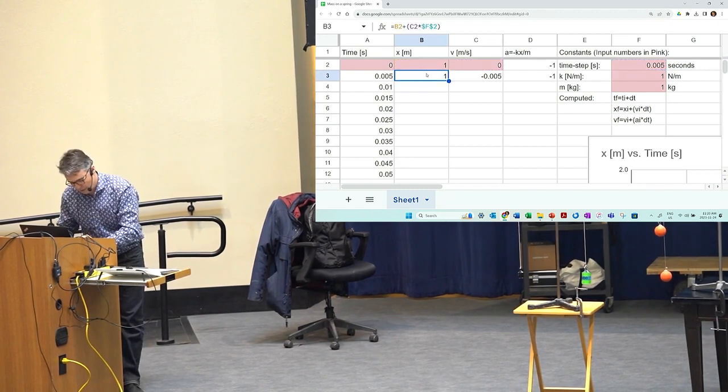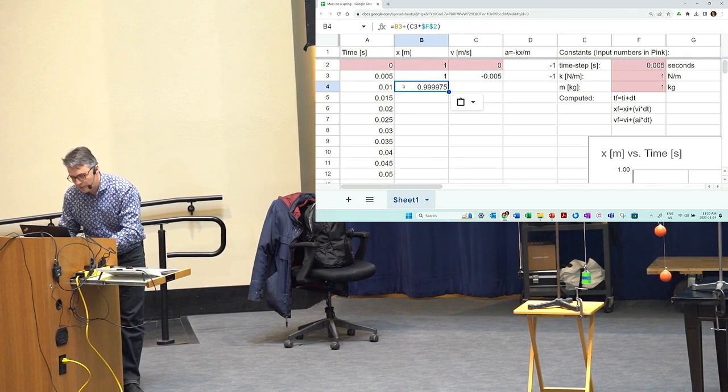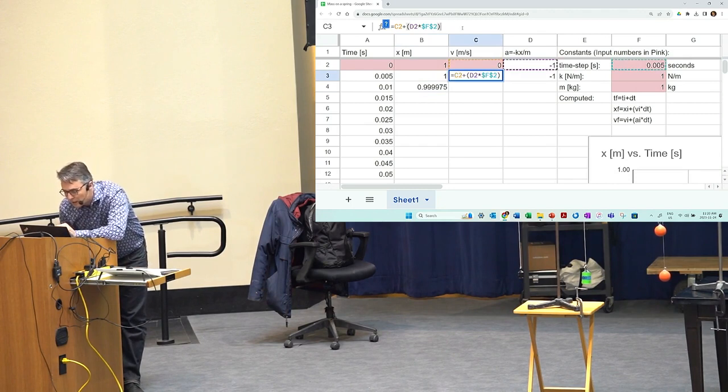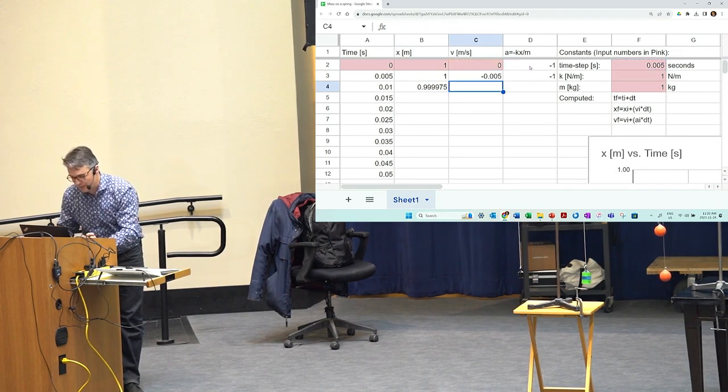And so what I can do is press Control C, and now I get a new position. And the V is the old V plus the old acceleration times the time step. So I'm just updating the velocity by the time step as well, times A.